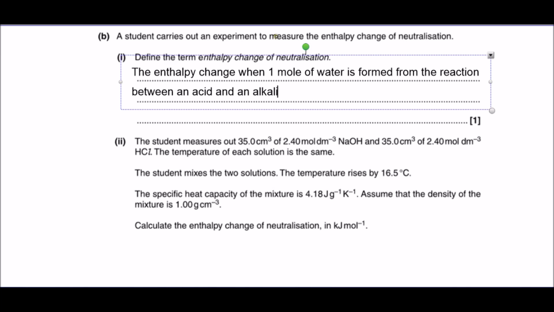Okay, very crucial in this definition that you do say 1 mole of water and that you don't say 1 mole here or here. So if you say formation from 1 mole of an acid and 1 mole of an alkali, then you do not get the mark, because if you think about something like sulfuric acid, then if you use 1 mole of sulfuric acid, you're going to get more than 1 mole of water. So it's very crucial that you realise that in this definition.